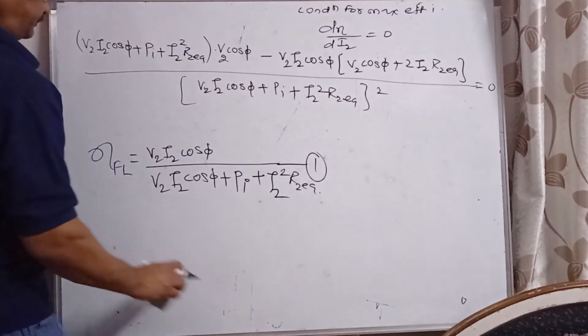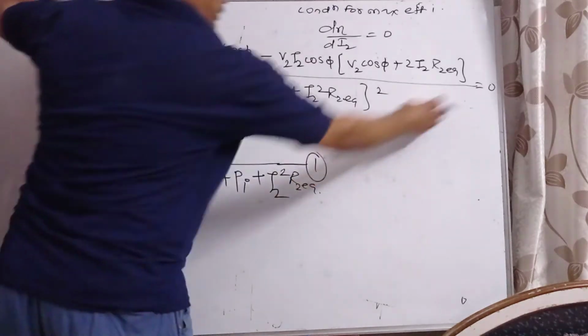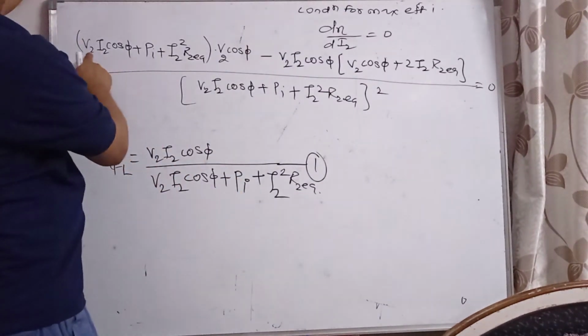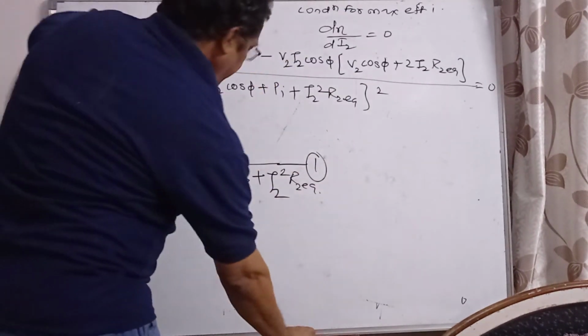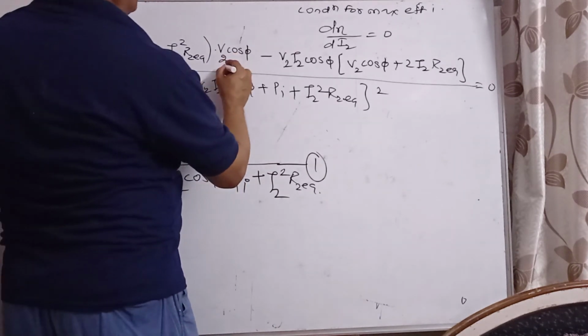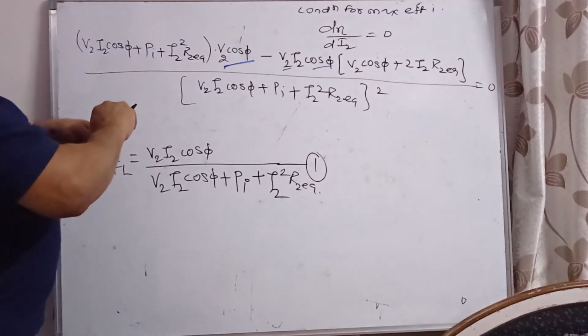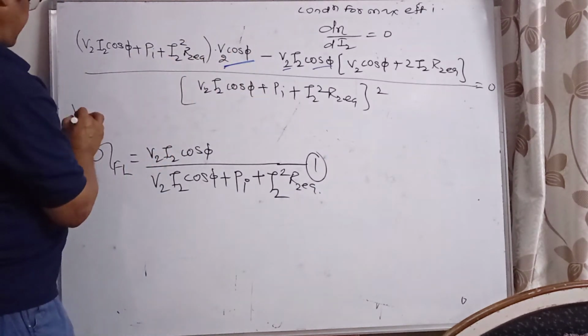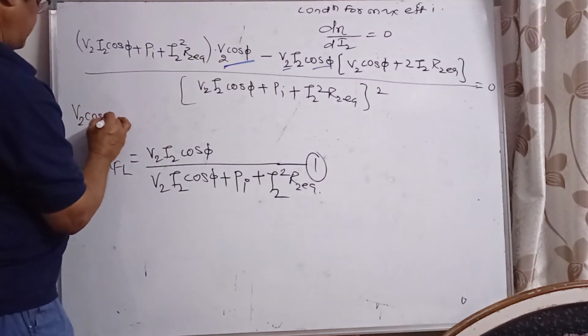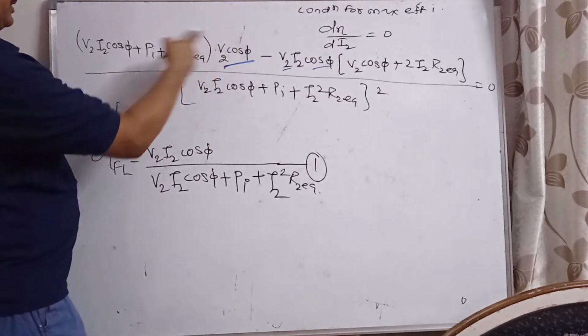So this is transferred to this side, it will be 0. From the numerator, I am taking V2 cos phi common. So what is remaining?